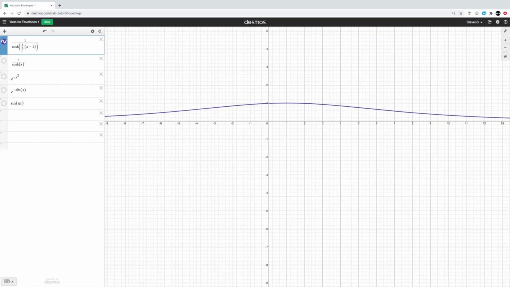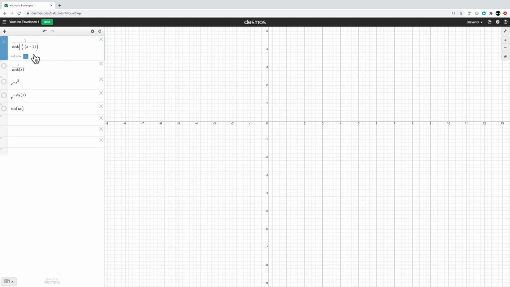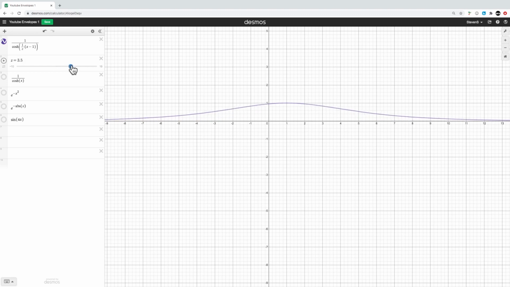So in my graph in Desmos, if I put Z there, notice how the slope gets bigger. So I'm just scaling through.